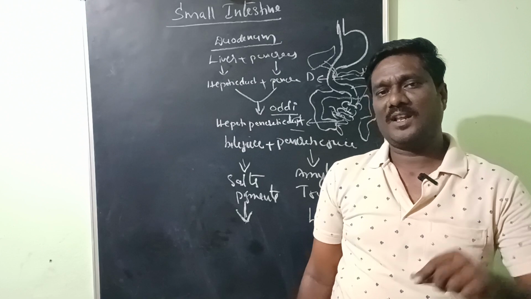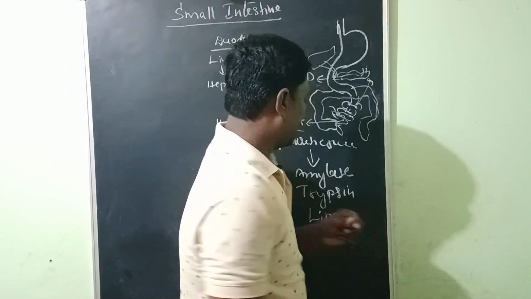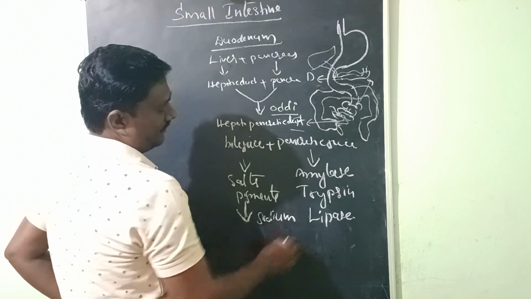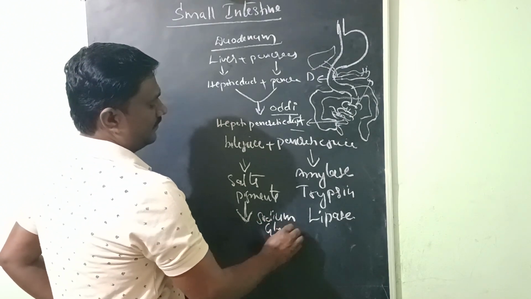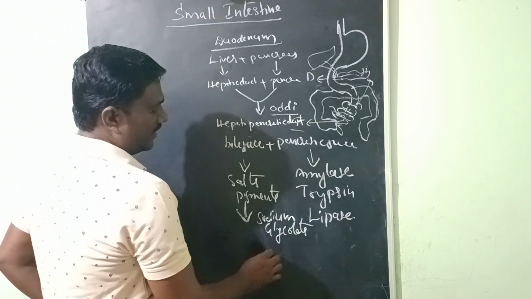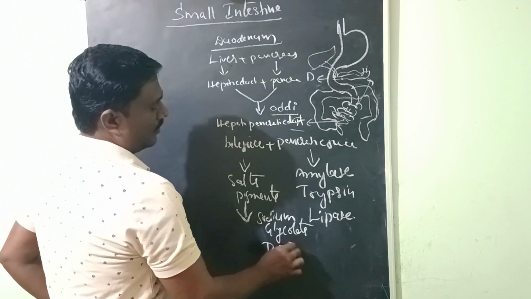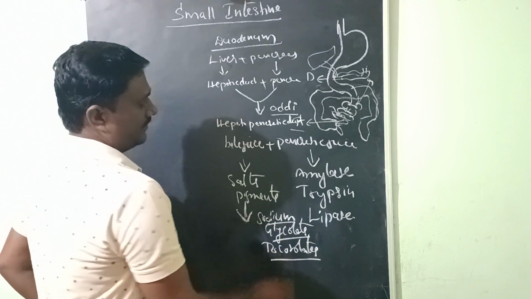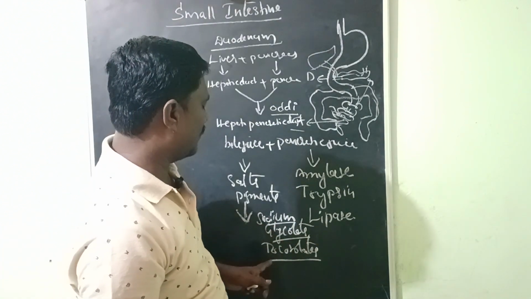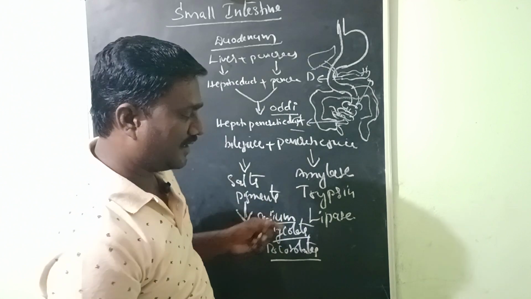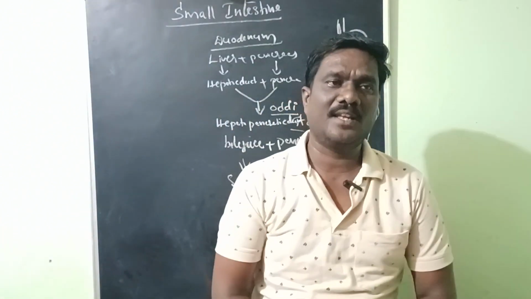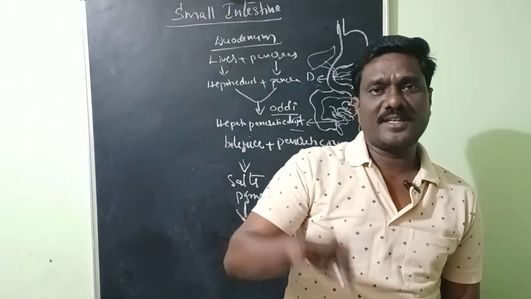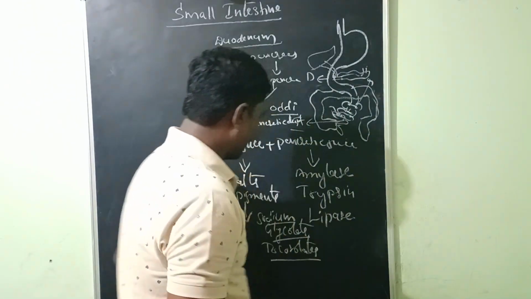It changes the medium of the food from acidic to alkaline. The salts are sodium biglycolates and sodium taurocholates. This yellowish bile juice emulsifies the fats and participates in the emulsification process.